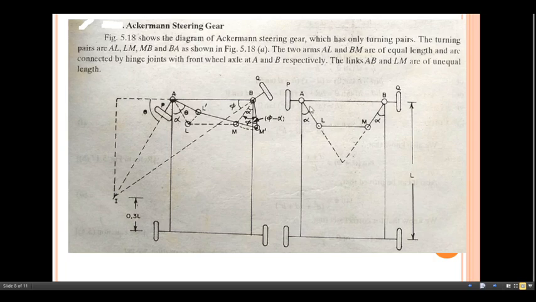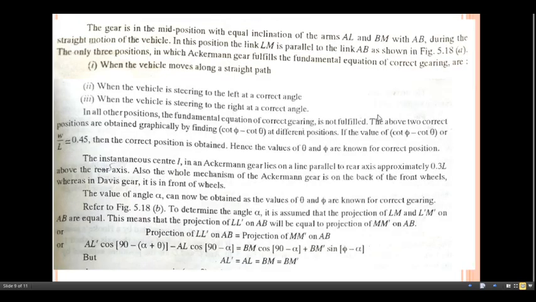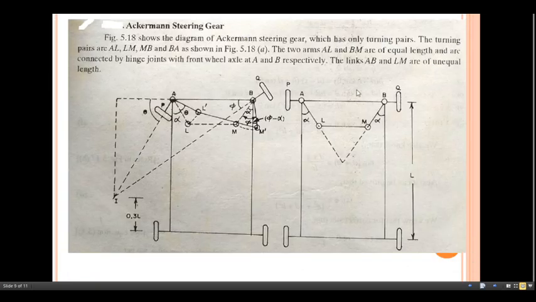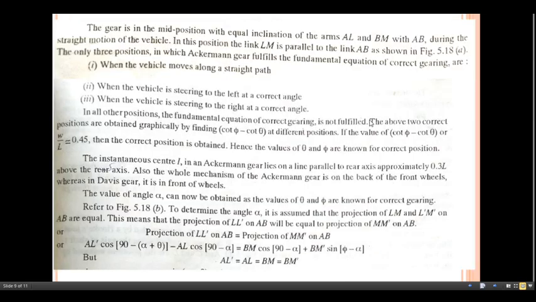You can see the length of AB and LM is unequal, while the length of AL and BM is equal. The gear is in the mid position with equal inclination of the arms AL and MB. Whatever angle is made by this one and this one is the same. That is alpha.